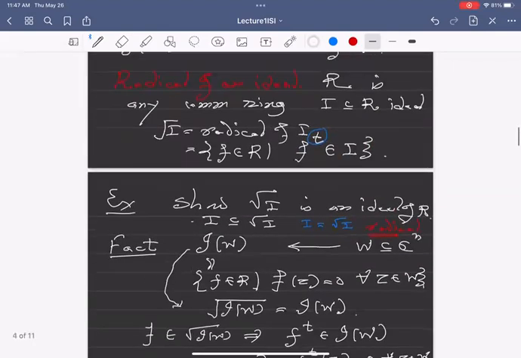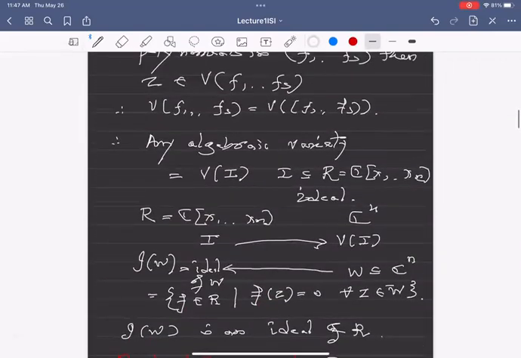Right? So in this correspondence, from the ring to Cn, I took an ideal and to this ideal I associated an algebraic variety, namely V of I. And from a subset W in Cn, I associate an ideal consisting of all polynomials which vanish at every point of W. This ideal is a radical ideal.